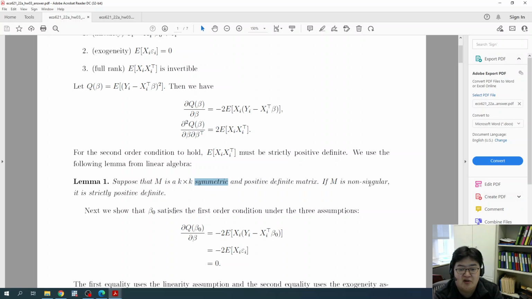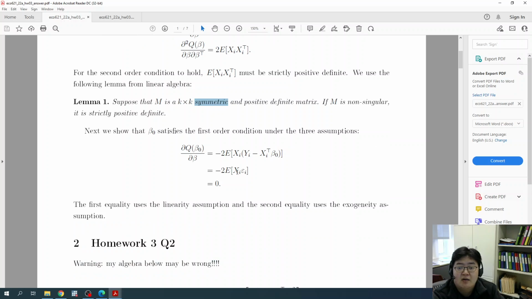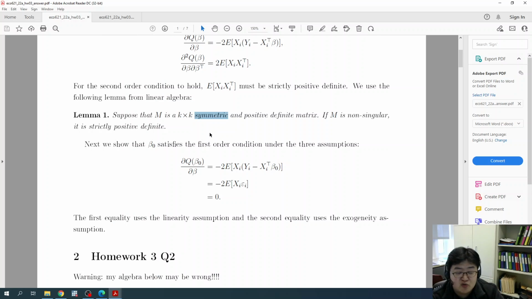Invertibility and strict positive definiteness are equivalent for symmetric matrices. To be more rigorous, for a symmetric non-singular matrix, the matrix is either strictly positive definite or strictly negative definite. But in this case, a covariance matrix is always positive definite, so it is strictly positive definite.